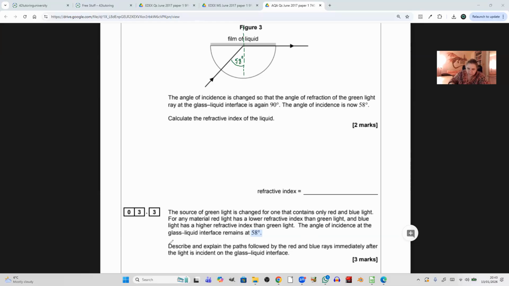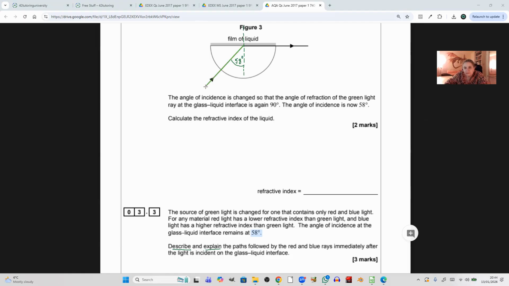Now, you've got to both say what you would see and explain what you see. So right now, this ray in this diagram is green. I'm going to make it green.